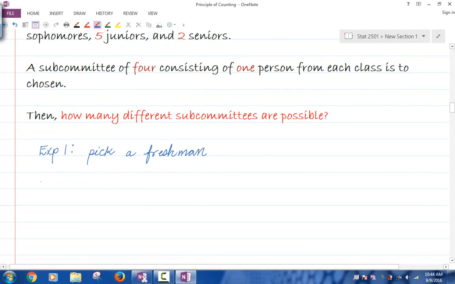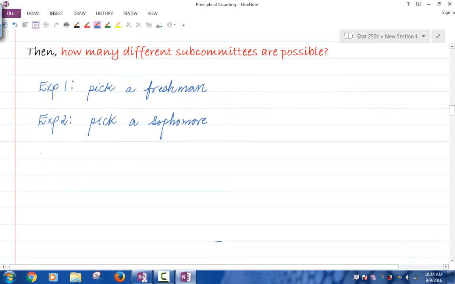Experiment 2 is pick a sophomore. Experiment 3 is pick a junior, and experiment 4 is pick a senior.